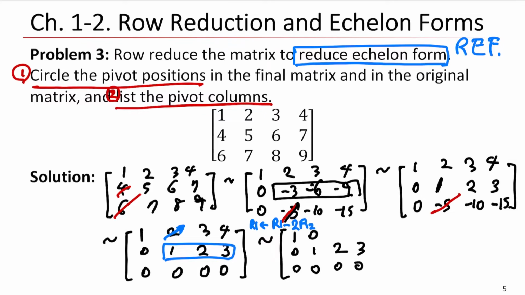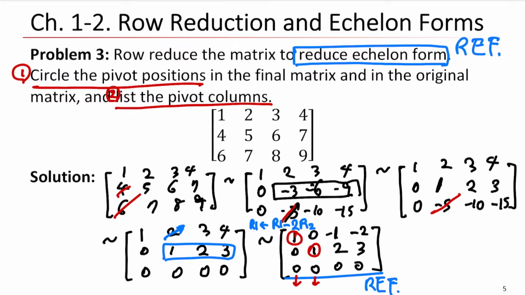Then finally it will be negative 1 and negative 2. So this is the reduced echelon form. Then first of all, what is the pivot position? Here and here. Then what is the pivot column?